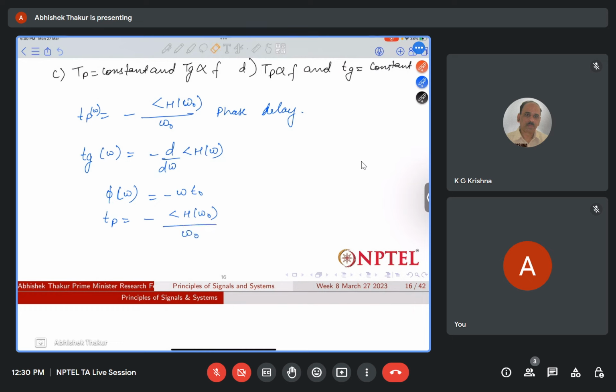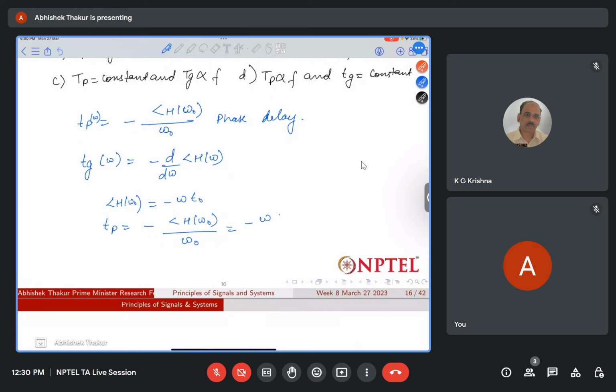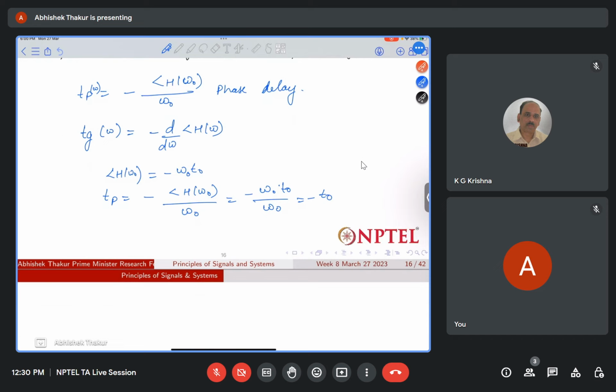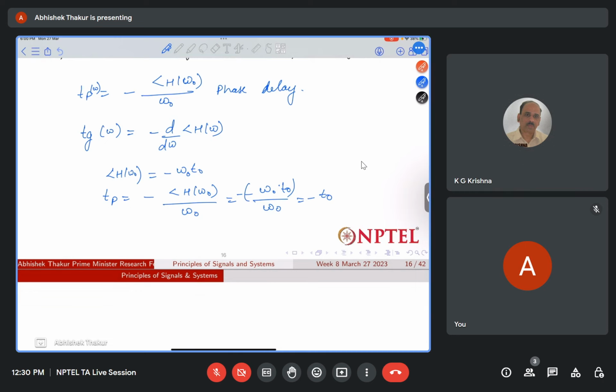Here we have assumed minus omega T naught, so it becomes minus of minus omega naught T naught by omega naught. It will become minus of minus, so it will become plus T naught.